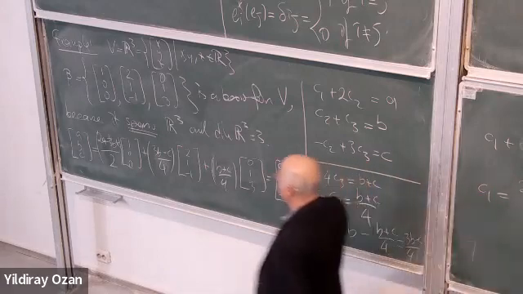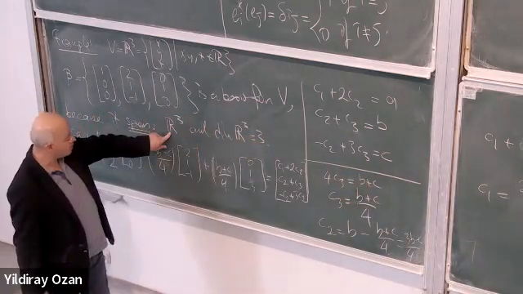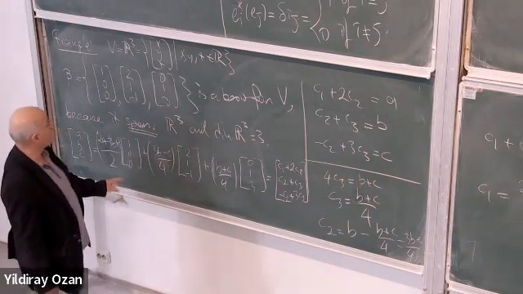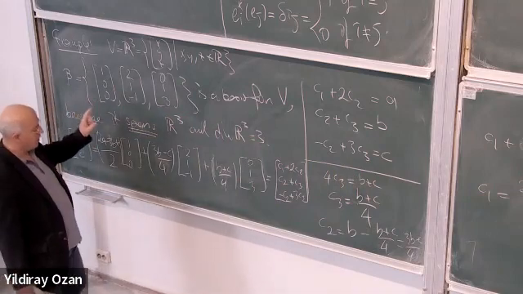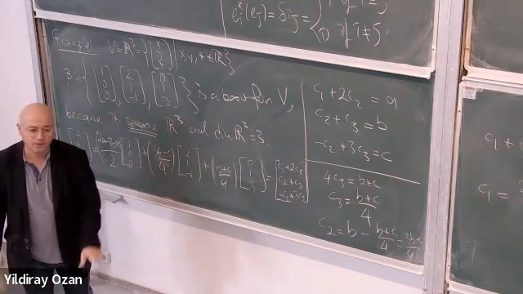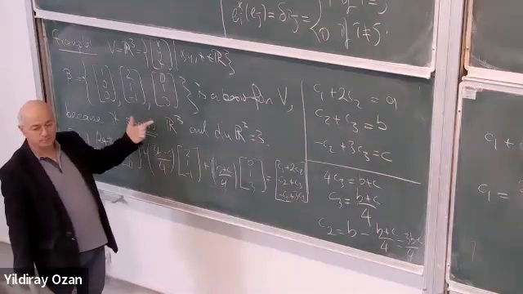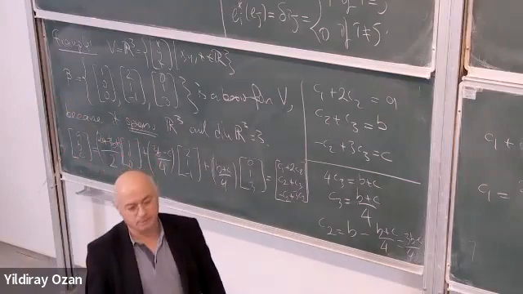Of course, this set has 3 elements and this space has dimension 3. Therefore, in this case, if the set is linearly independent, it is automatically spanning, and if it is spanning, it is automatically linearly independent.